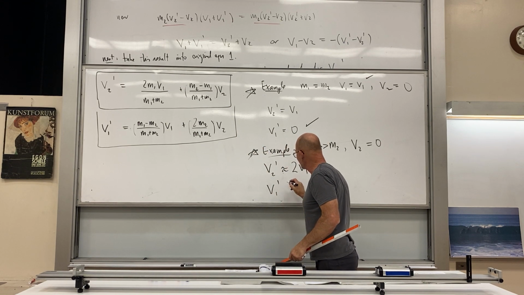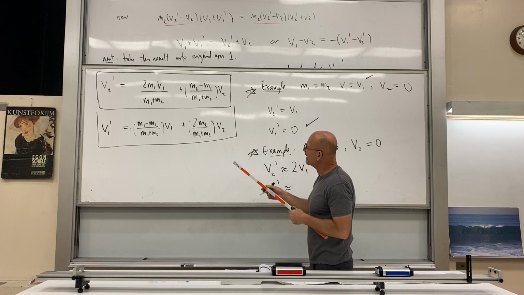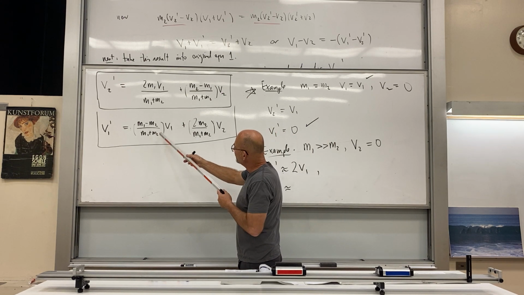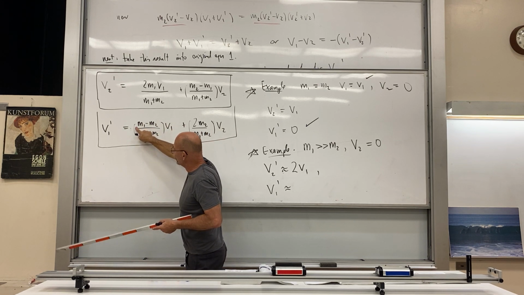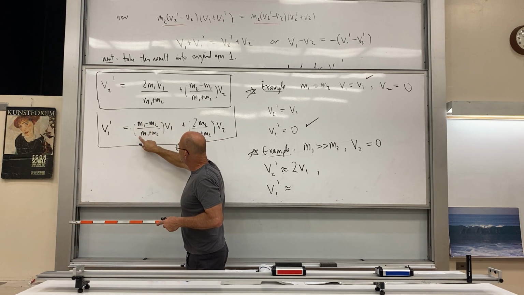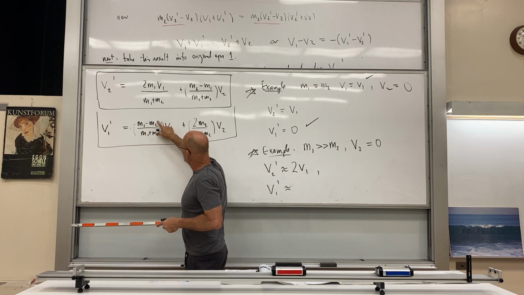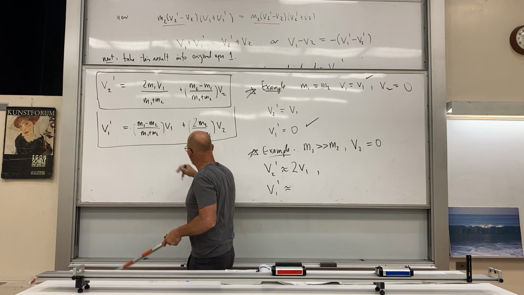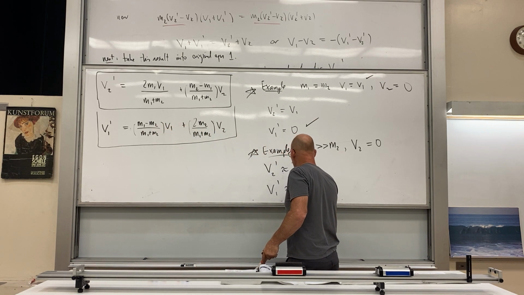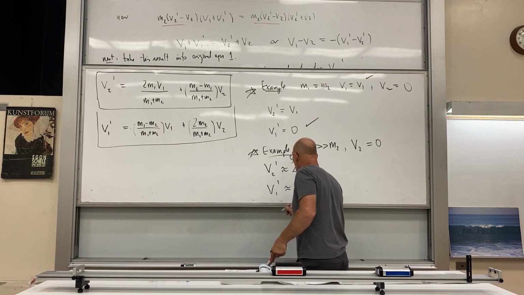V1 prime, on the other hand, M1 minus M2. Again, the M2 is negligible compared to the M1, or if it's much smaller, then you end up with, and negligible down here, the V1 is relatively unchanged. So we're going to say approximately V1 prime, approximately V1.